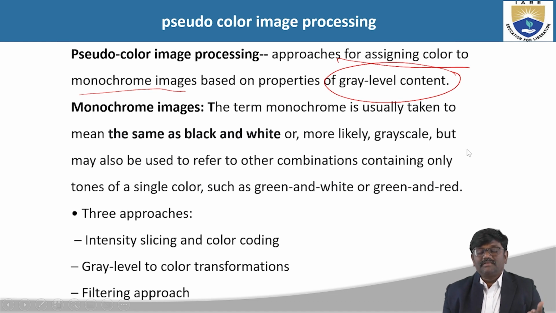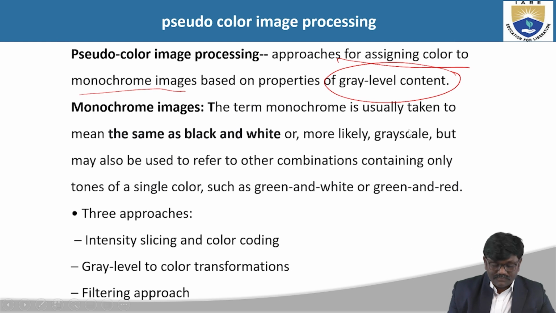So this approach is concentrated on monochrome images only. The term monochrome is usually taken to mean the same as black and white, or more likely gray level, but may also refer to other combinations containing only tones of a single color, such as green and white or green and red.